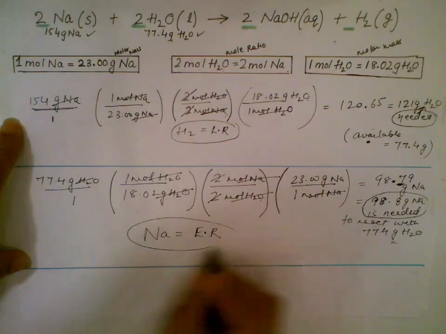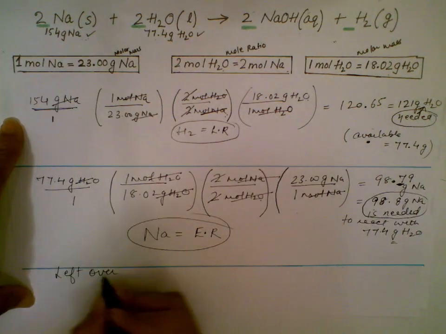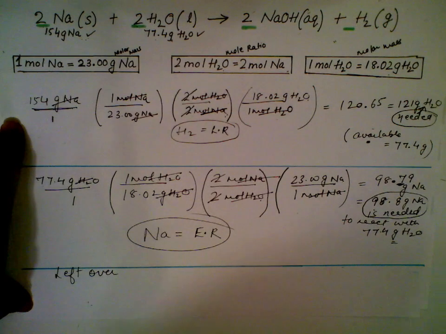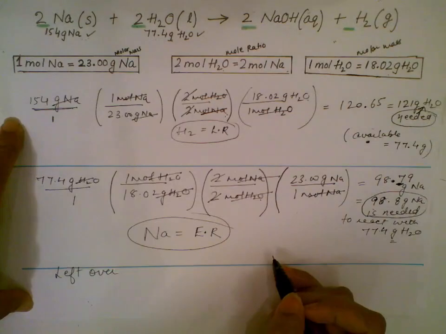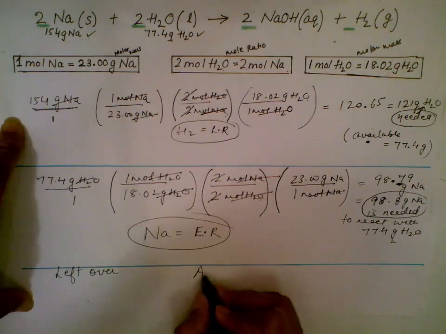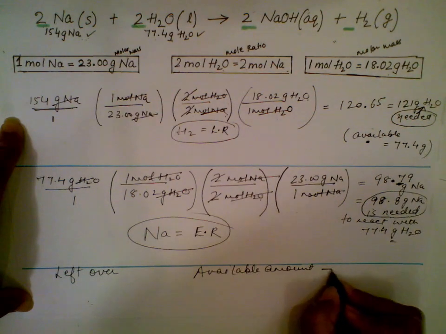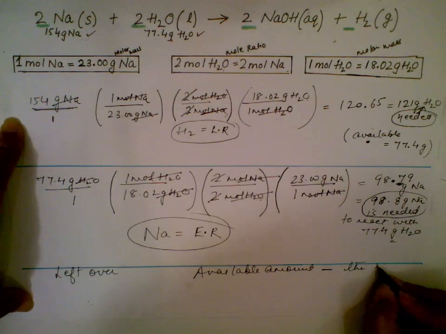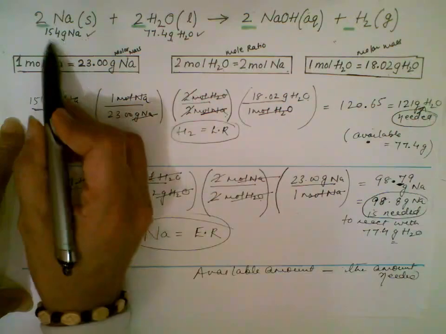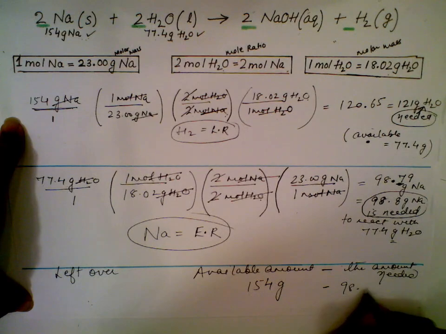All right, guys. So the last part is we have to figure out the leftover. How much of the excess reactant is leftover at the end? So what are we going to do here? You subtract the needed amount of excess reactant from the available amount that is given in the problem. So available amount minus the amount needed. What is the available amount? 154, and the amount needed was 98.8.